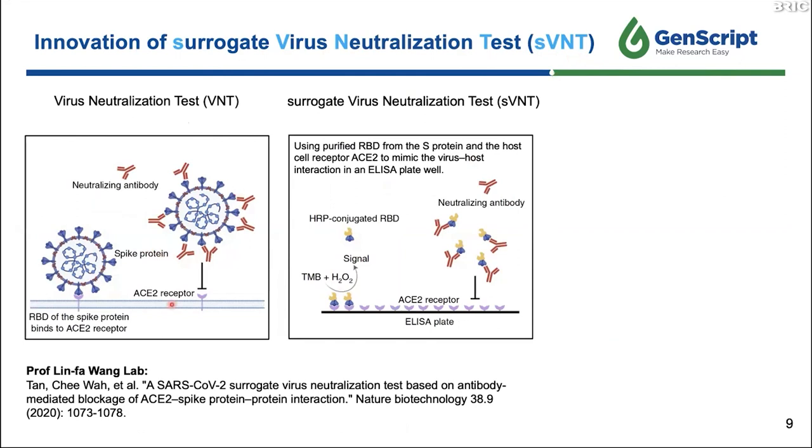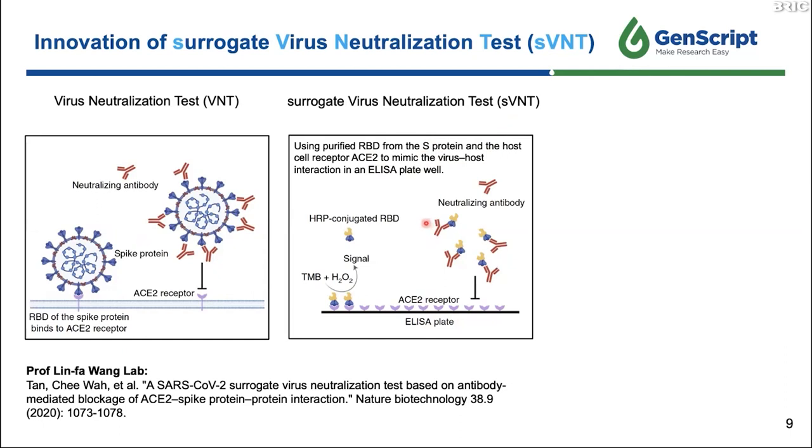As I mentioned earlier, the neutralizing antibody binds to the RBD region and blocks its interaction with the ACE2 receptor. Based on this mechanism, the SVNT technology uses the purified RBD from the S protein and the host cell receptor ACE2 to mimic the virus-host cell interaction in the ELISA plate well.